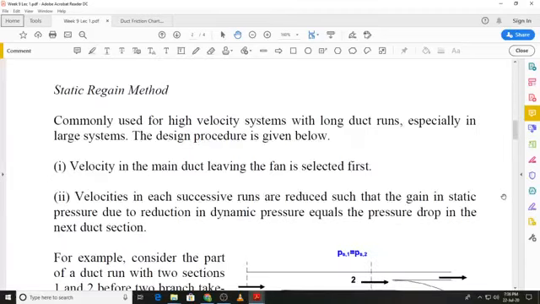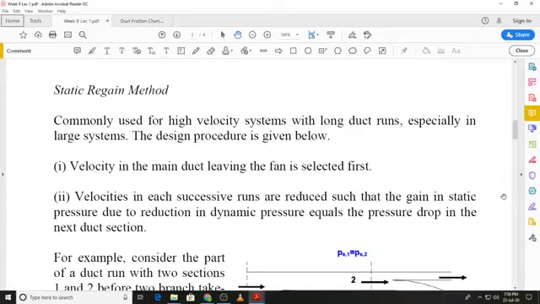The static regain method is commonly used for high velocity systems with long duct runs, especially in large systems, because you will see that it involves a gradual reduction in the velocity as we move from one section of the layout to another.